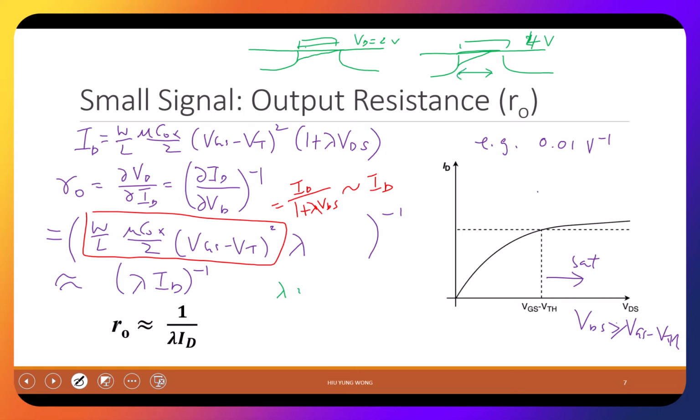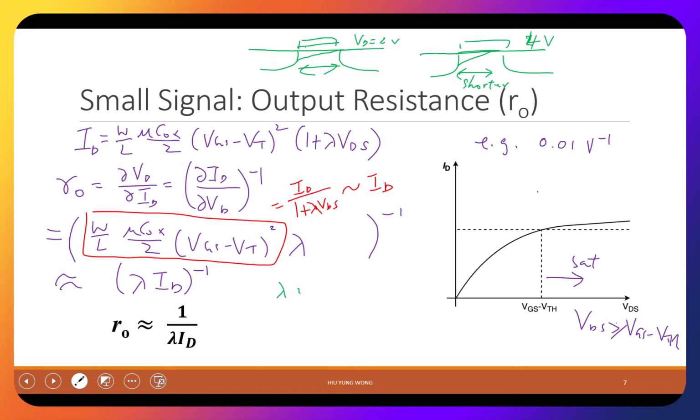Effectively, your channel length is shorter. Now, how much shorter? Shorter by delta L. If I have a very short channel already and you shorten it by delta L, that is a big change to it. But what if my transistor is very long? Let's say 1 kilometer. Even if you shorten it by 1 millimeter, it doesn't feel anything.